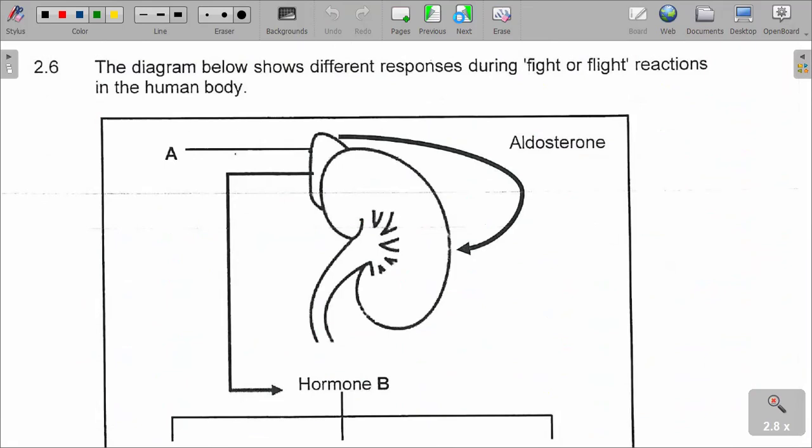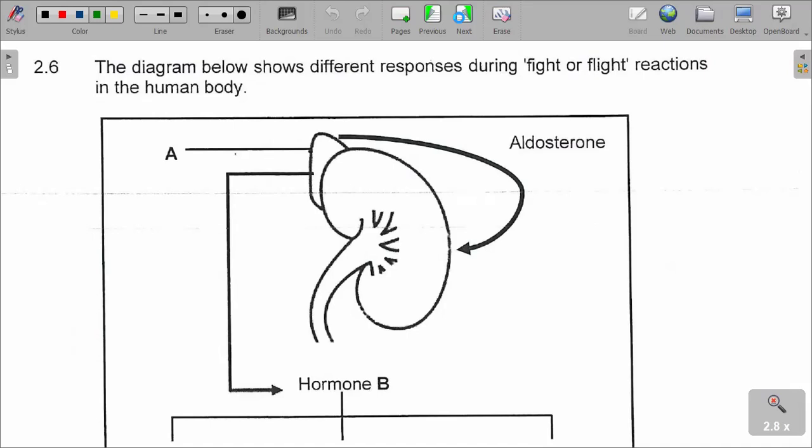Question 2.6, class. I want you to understand again that you must always be able to relate to these questions with no doubt, with no fear. The diagram below shows different responses during fight and flight responses.